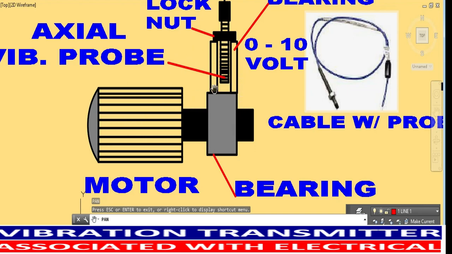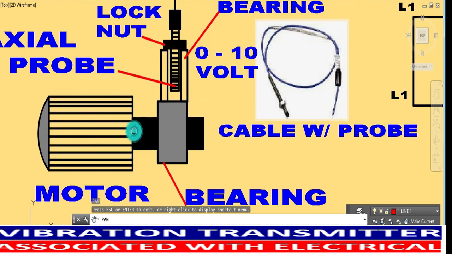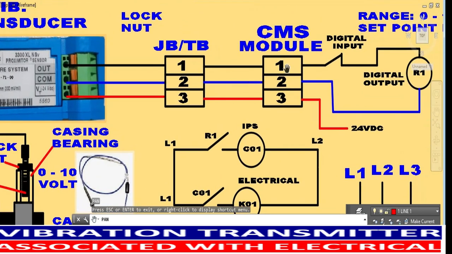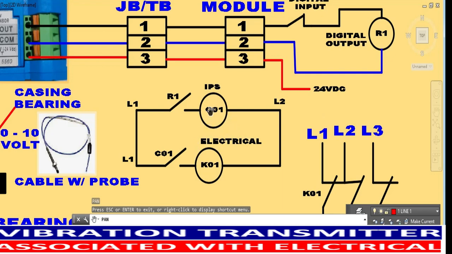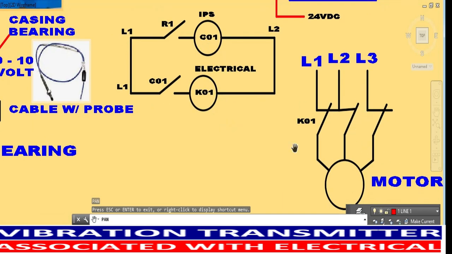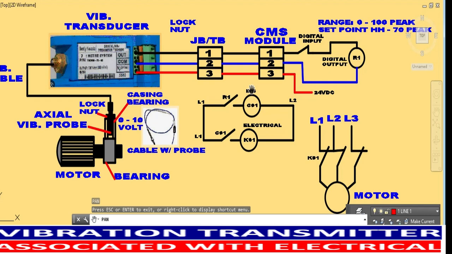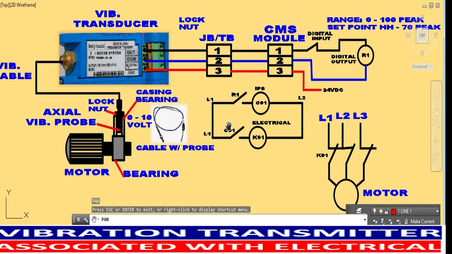Once there is high vibration, it will automatically trip the motor through this digital input contact, which de-energizes R1, de-energizes these two coils, and opens the contact of the motor. Once the contacts return to closed, you can restart the motor. Okay, that's the comprehensive explanation of the vibration transmitter with the electrical system.